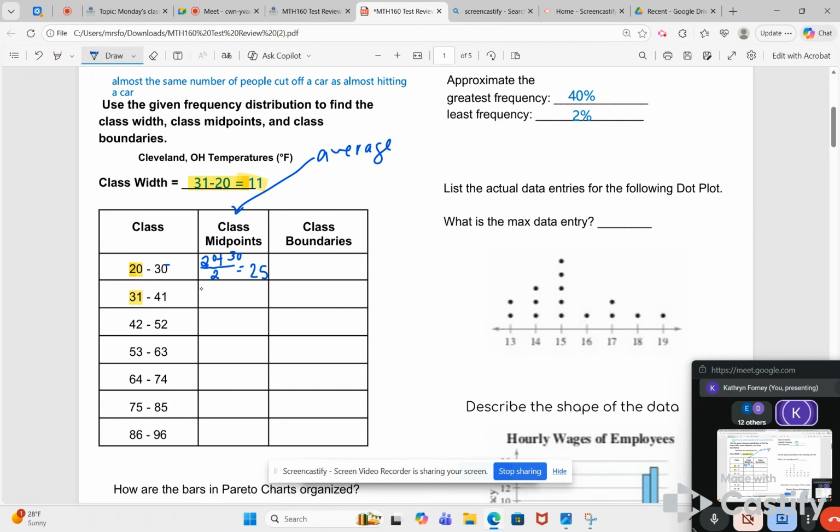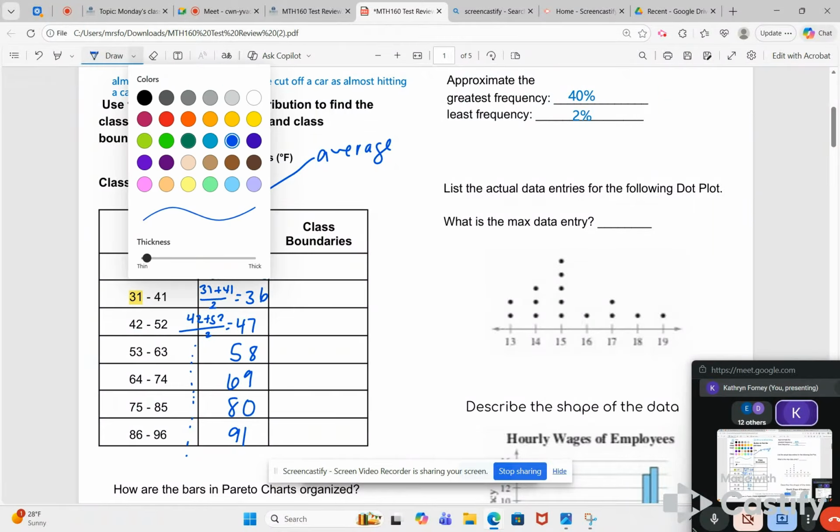Now, this one you would say 31 plus 41 divided by 2. And when you do that, you would get 36. For this, you would say 42 plus 52 divided by 2, 47. Then you would continue that pattern, and you would get your numbers, and these would be your midpoints. That is the middle of each class.